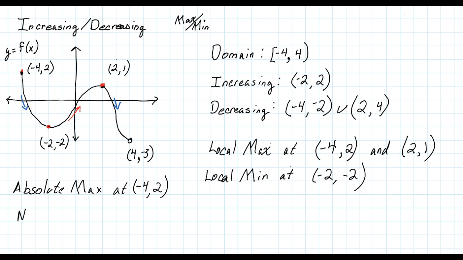We have no absolute minimum. Because (-2, -2) isn't one, because we do get to -2.5, for instance. But if you look over here, we're getting closer and closer to -3, but we never actually get there. So we have no absolute minimum, but we do have an absolute maximum of 2 that occurs at (-4, 2).